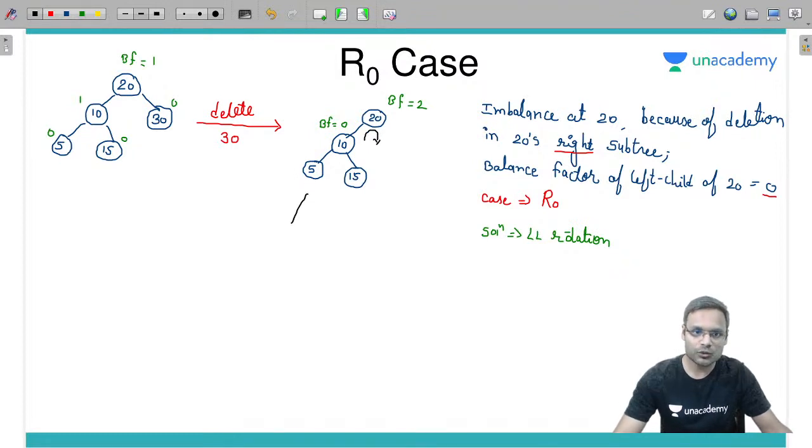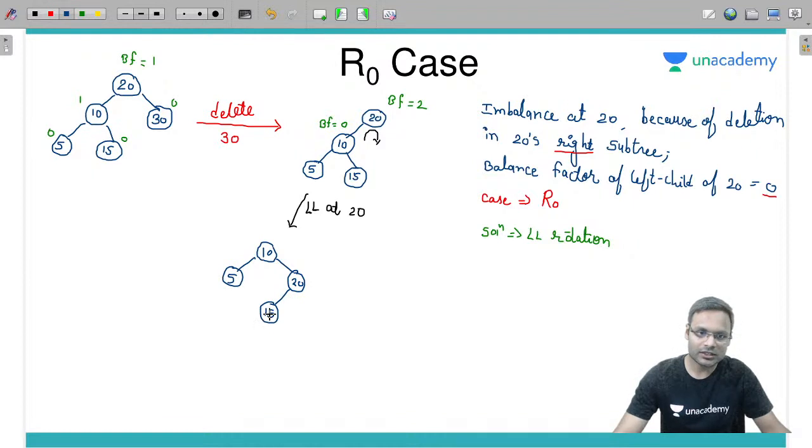Let's do LL at 20. If we do LL at 20, what happens? 10 will go onto the root. Right side 20. Left of 10 is 5 and right of 10 becomes left of 20, 15.